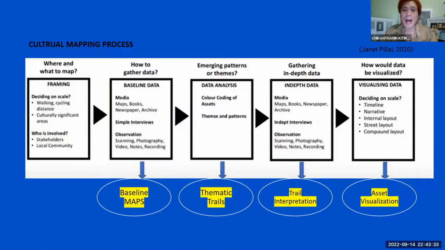Later, I put it with this process. I make the primary research, set up the baseline map, and then I select the focus group, and then we make the thematic trail, and then interpretations, and then visualize and assess as new assets, right?